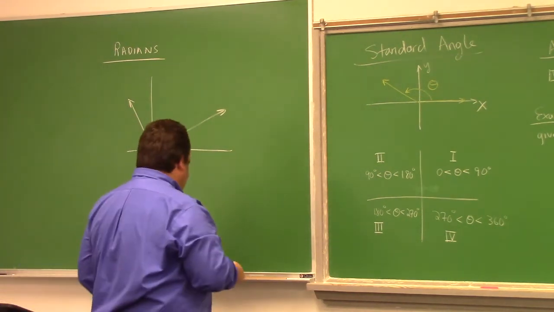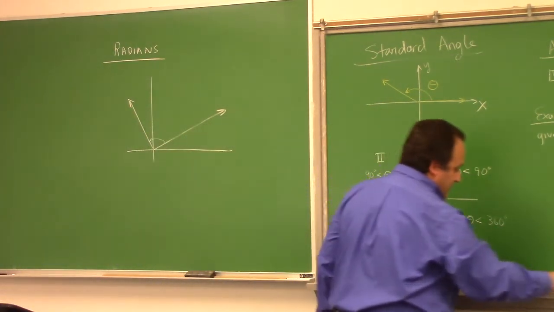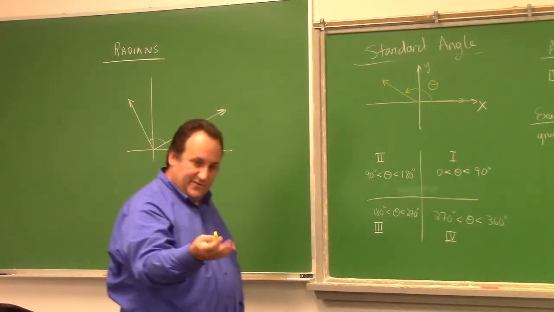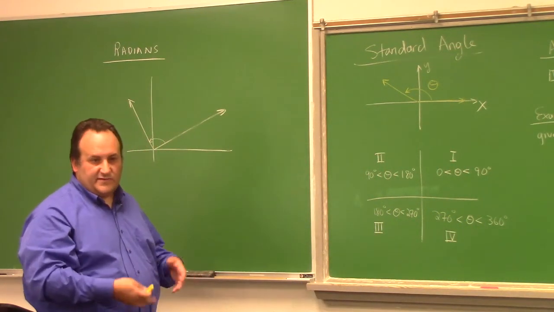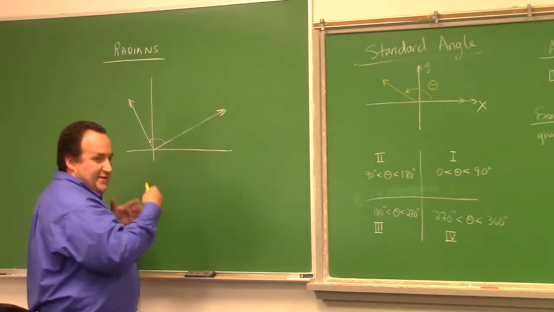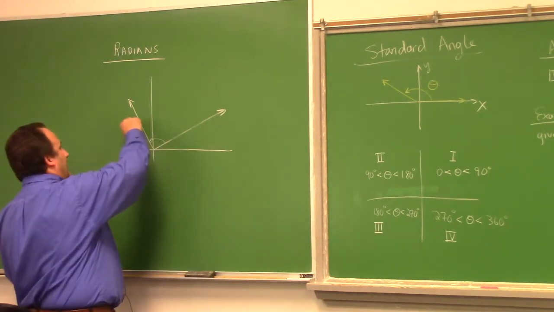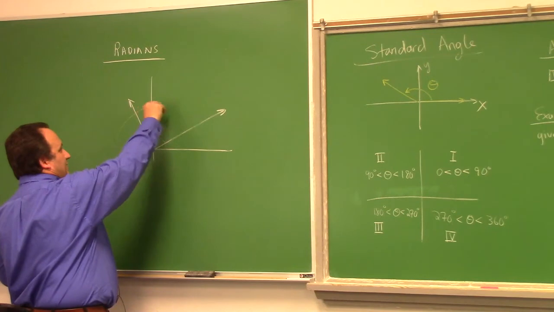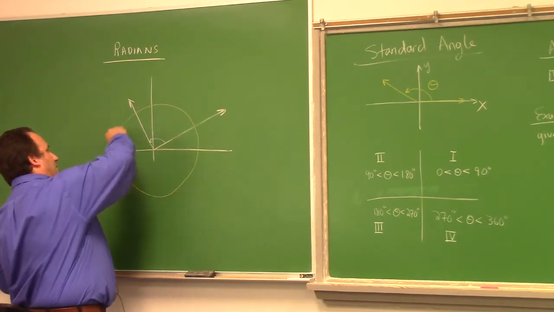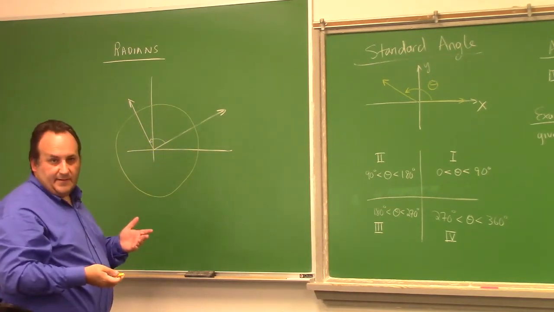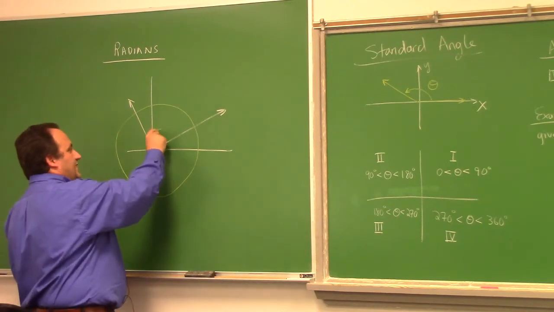What you do to measure the number of radians is, well, you could draw a unit circle if you like. You could draw a circle of radius 2. It doesn't really matter. You just think about some circle. And so this is theta in radians.